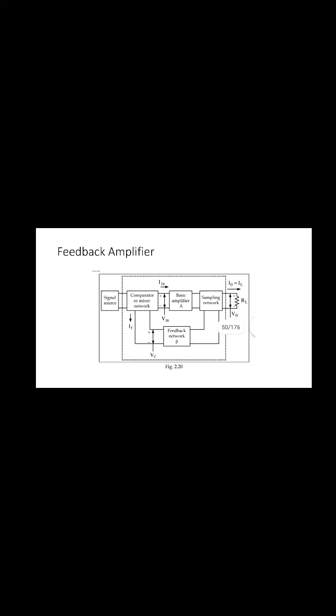Using the sampling network, we sample the output voltage or current. The sampled energy is fed back to the input, that is, part of the output signal is fed back to the input.